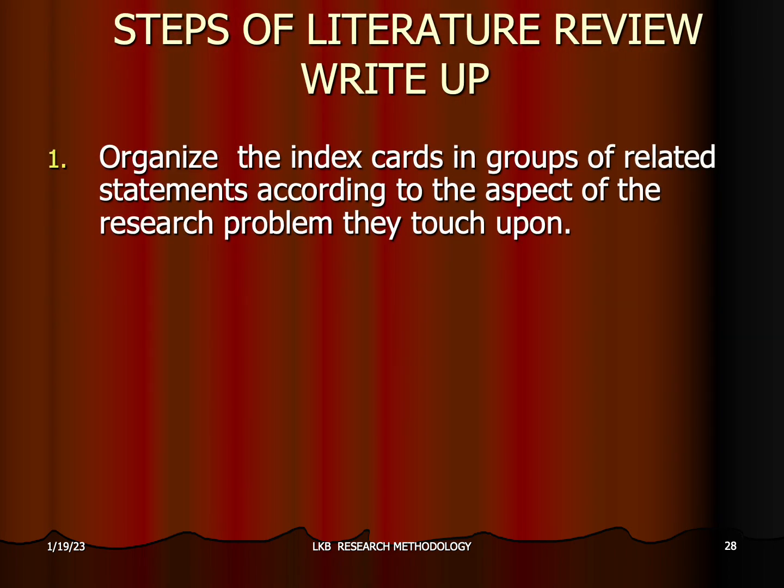So we want to organize the information in index cards or groups of related statements, especially when you're using the extraction sheet, and you want them according to the aspect of the research problem they touch on. So if they're looking at prevalence or epidemiology of a specific issue, for example, you group them together.